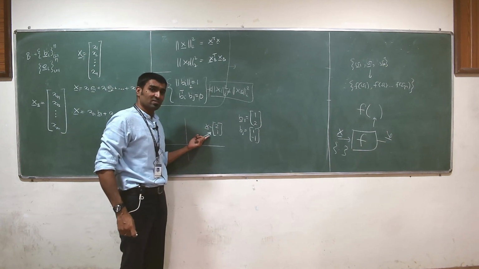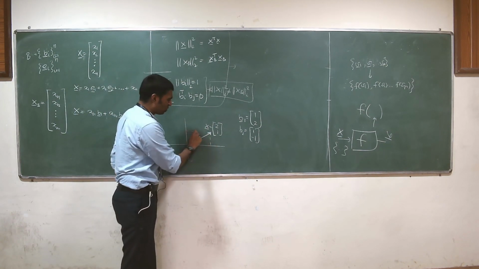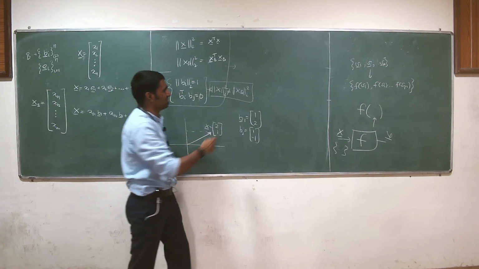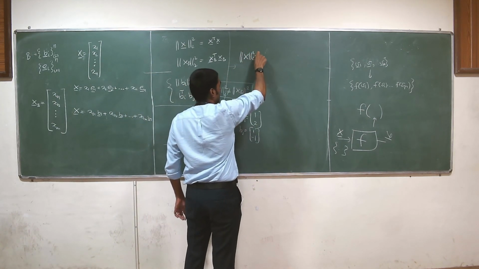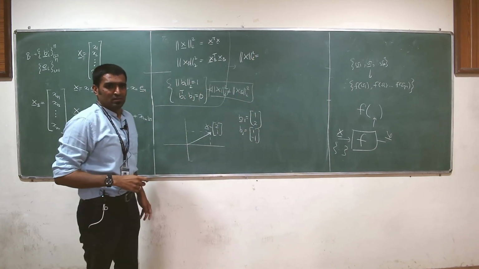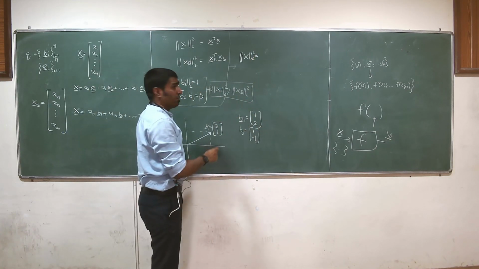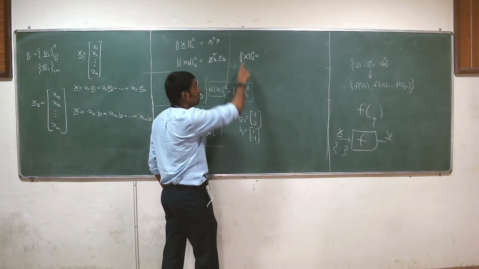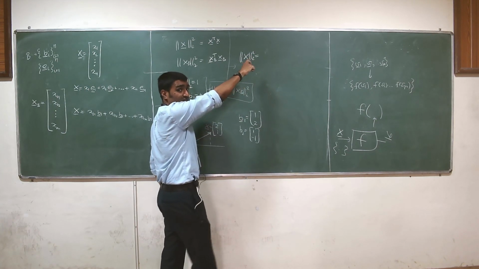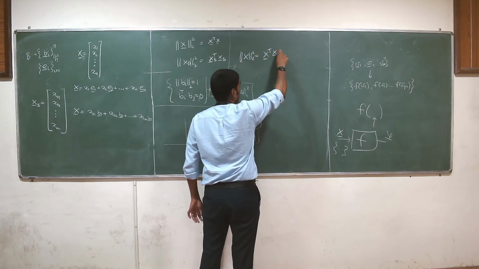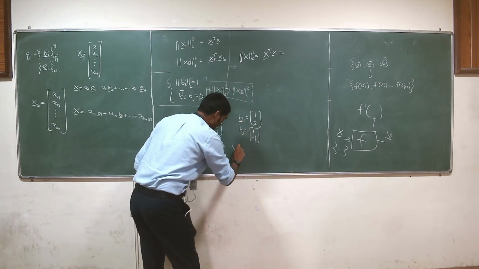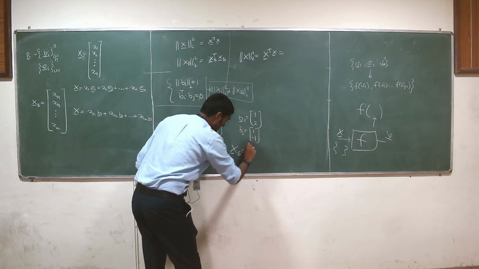What is the length of this vector? Or what is the square of the two norm of the vector? Not root, square. Square of the length. So that's simply what is this? And then what was the representation of this vector in the B basis?